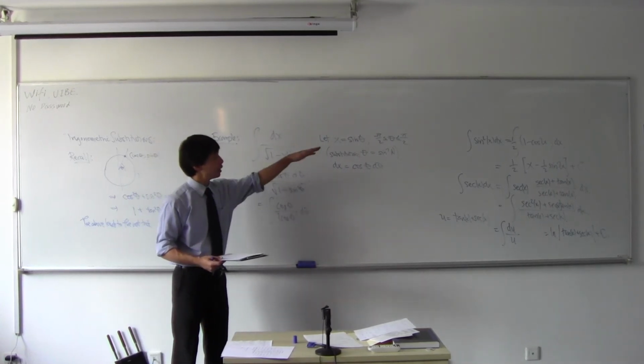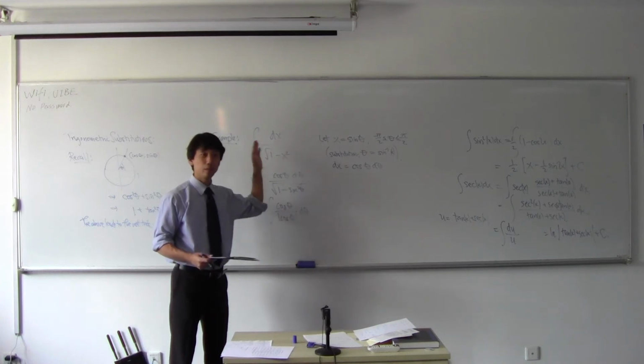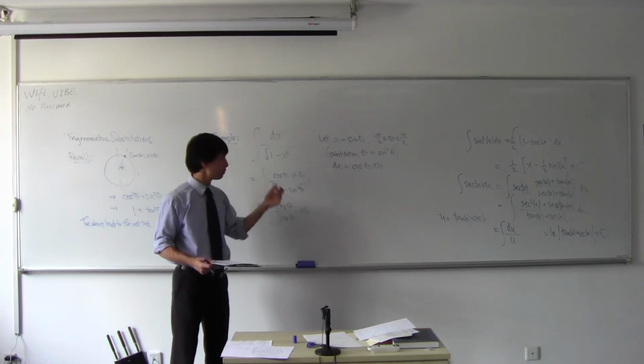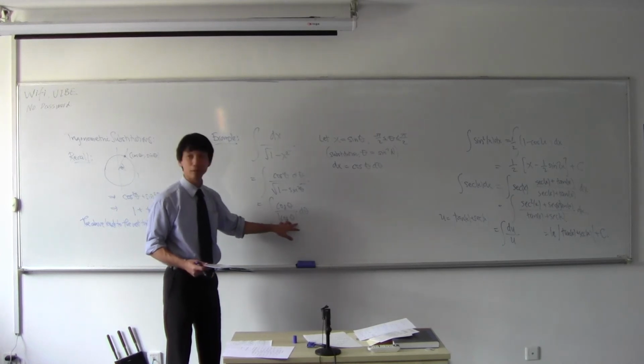Fortunately, theta ranges from negative pi over 2 to pi over 2, so what can we say about the cosine? The cosine is positive, so we can get rid of the absolute values, and we get 1 here.